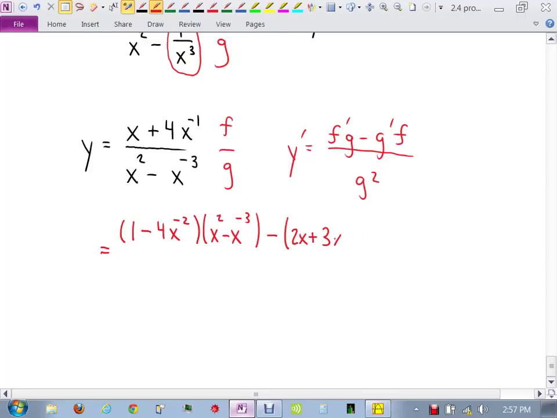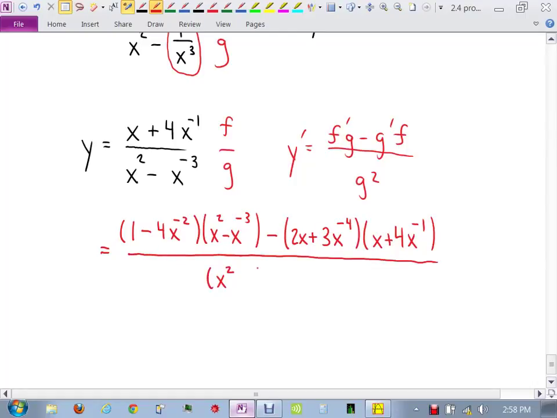Plus 3x to the negative 4 times x plus 4x to the negative 1. Everything divided by x squared minus x to the negative 3, but then all that squared.